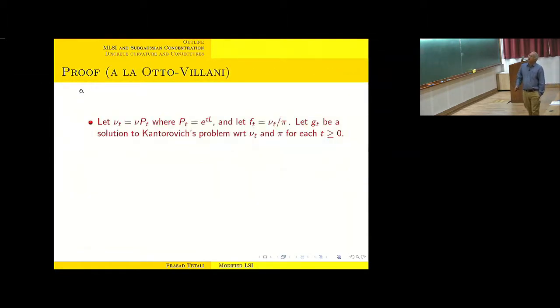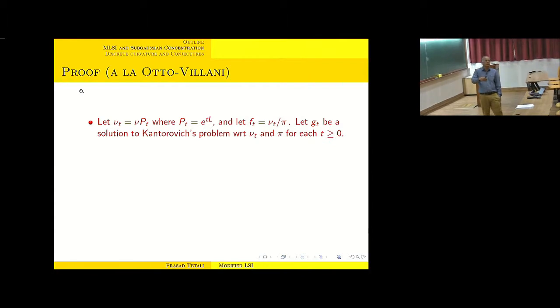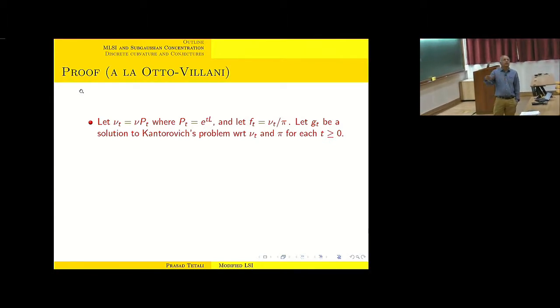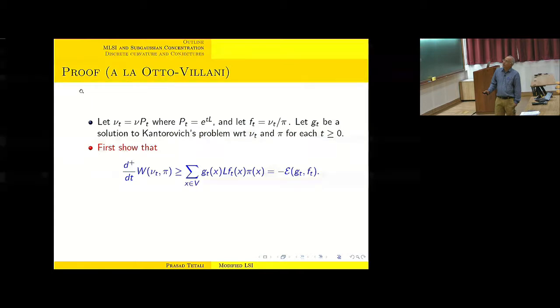And we followed this proof of Felix Otto and Cédric Villani, where they showed that log-Sobolev implies a stronger W2 transport entropy inequality. So you start by letting nu_t evolve according to your Markov kernel, and let f_t be the density. Now g_t is a solution to the dual problem.